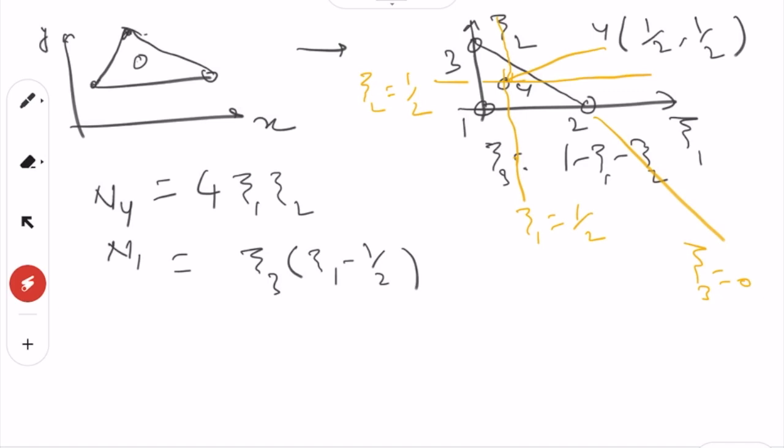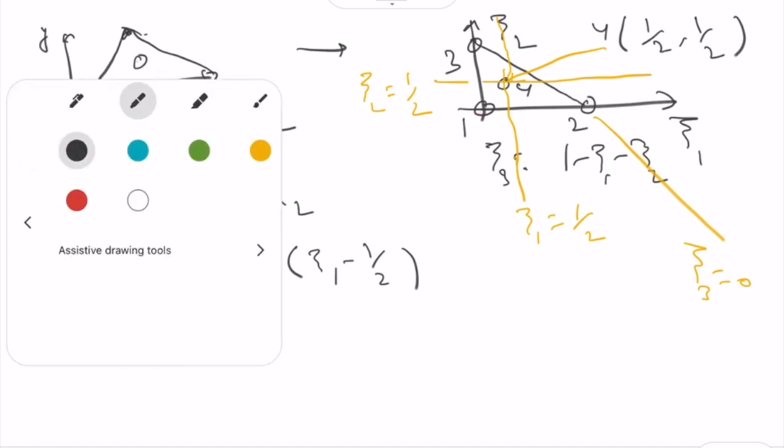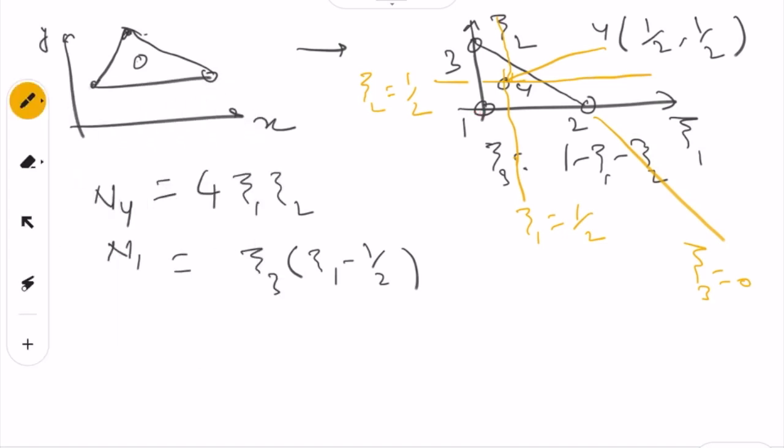When xi1 equal to 0, xi2 equal to 0, at this point what is the value of xi3? Xi3 is 1 at this point, right? So xi3 is 0 here, xi3 is 1 here. So you put 1 here, xi1 equal to 0, so it becomes minus half, so you get minus half here.